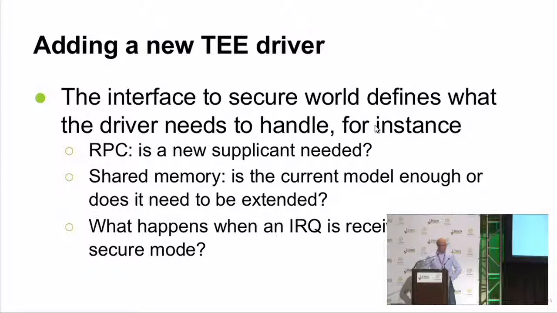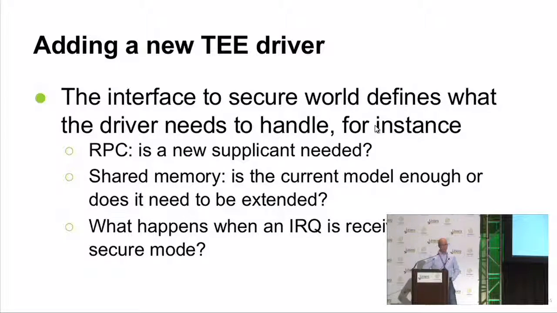So if we add a new driver, what do we need to think of? We need to consider RPC. Do we extend the current tee-supplicant or do we create a new one? Shared memory: can we live with the current model or do we need to extend it?